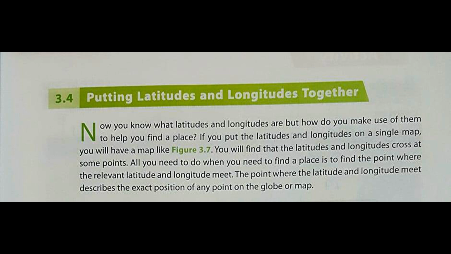The point where the latitude and longitude meet describes the exact position of any point on the globe or map. So students, in geography, latitude is a geographic coordinate that specifies the north-south position of a point on the Earth's surface. Latitude is an angle which ranges from 0 degree at the equator to 90 degree north or south at the poles.